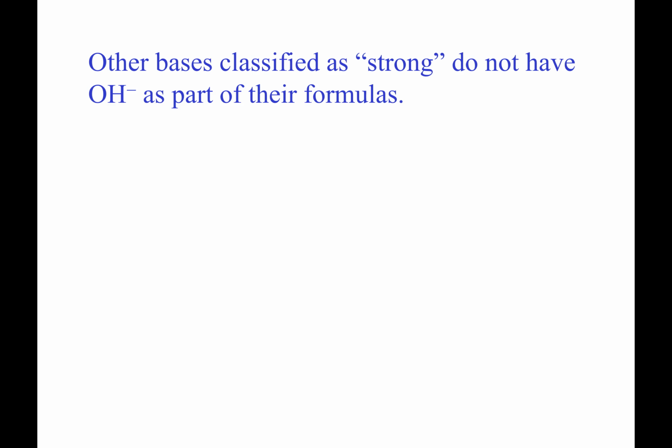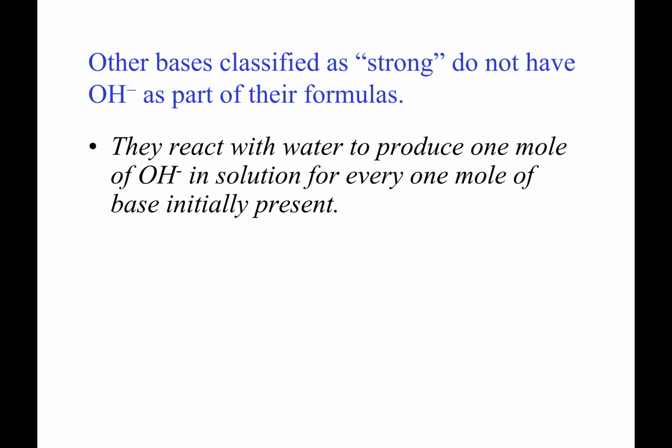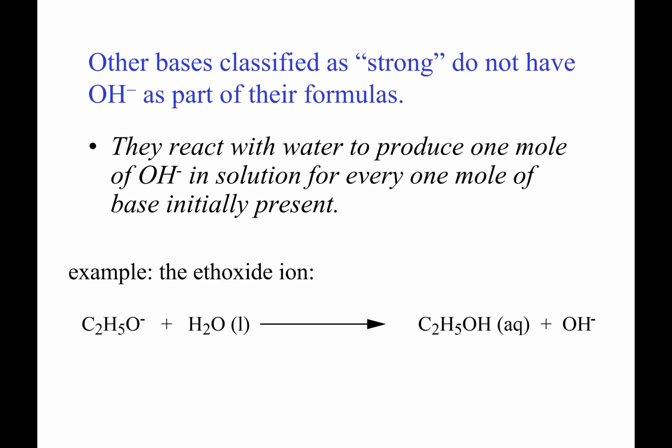Here's an example of a strong base, and it doesn't necessarily have the hydroxide ion in its formula. All it needs to do is react with water to accept a proton from water, and if you take H2O and you accept the proton, guess what you have left? Hydroxide. So in accepting a proton, it forms a hydroxide ion. An example of this, and you're going to run into this maybe in your problems, is the ethoxide anion.